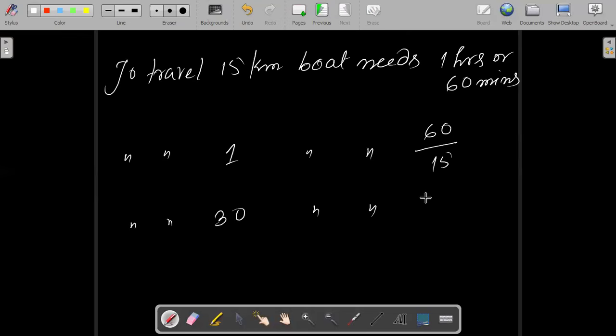So I first write down the previous time for 1 kilometer, then multiply it with 30.